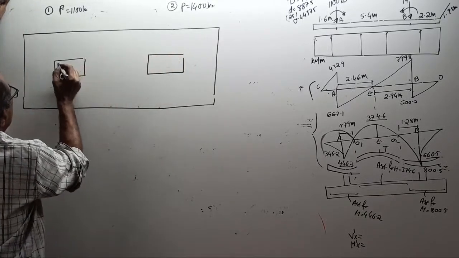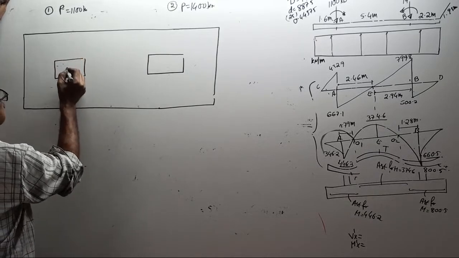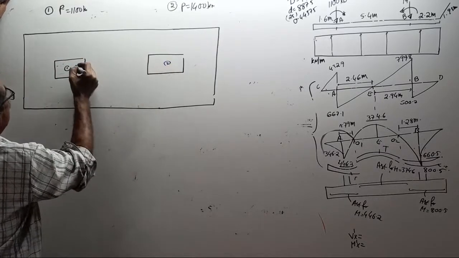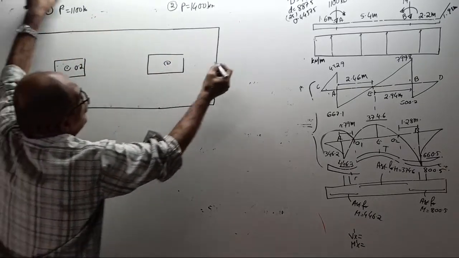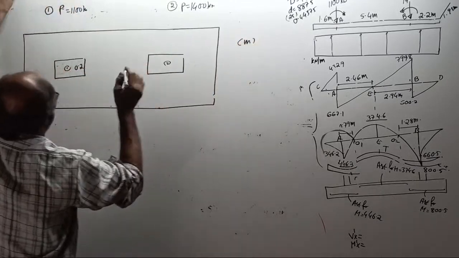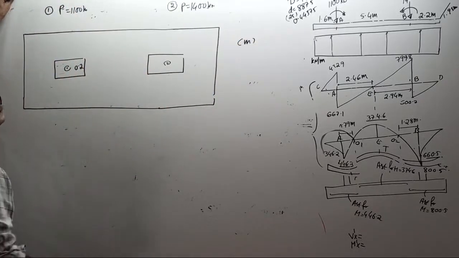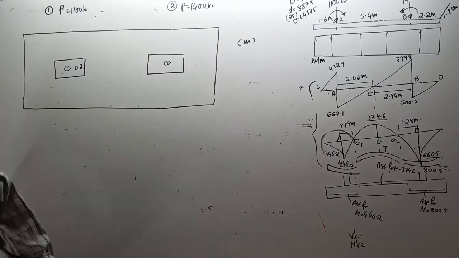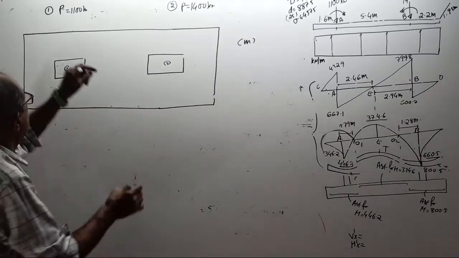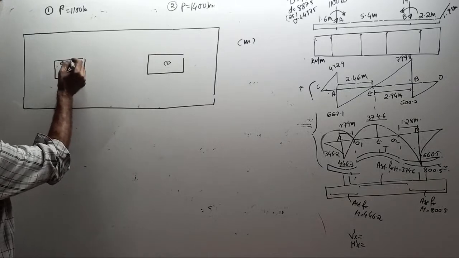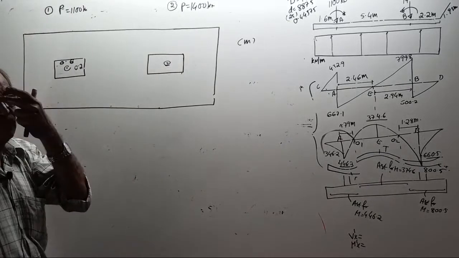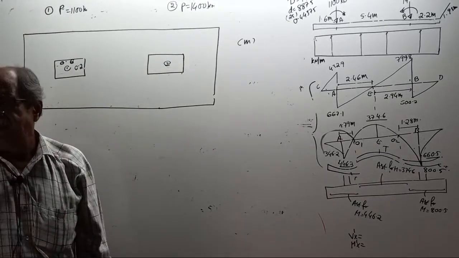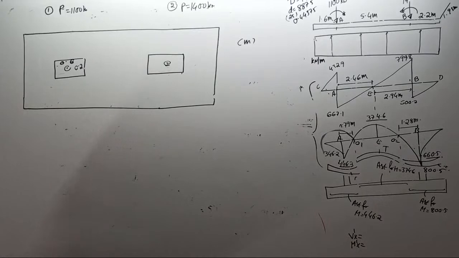See, this is column number 1. This is column number 2. This is 0.2 meter. Everything here is in meter. What is the longer side? 0.6 meter. This is 0.2, this is 0.6. Column number 2, what is the shorter side? 0.3 meter.